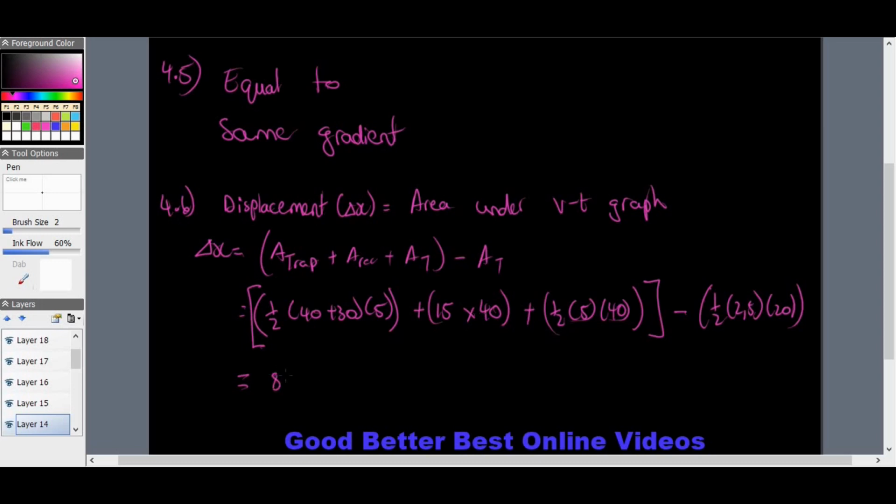We get an answer of 800, and therefore delta x is equal to 850 meters.